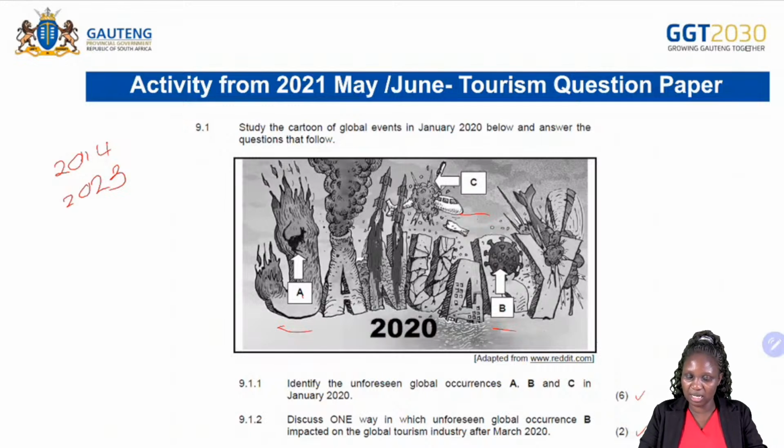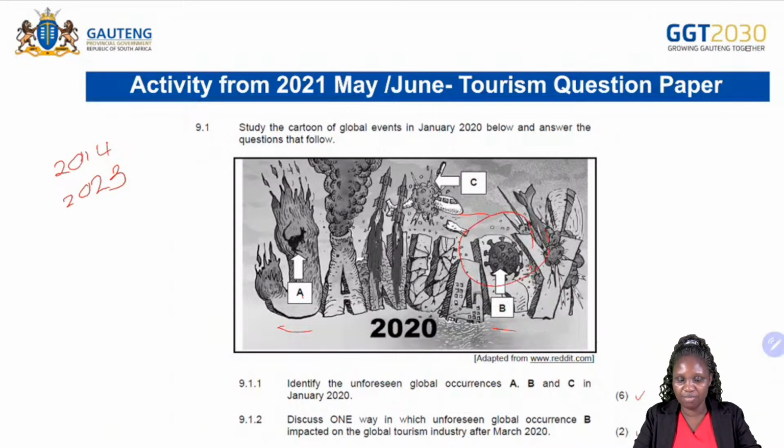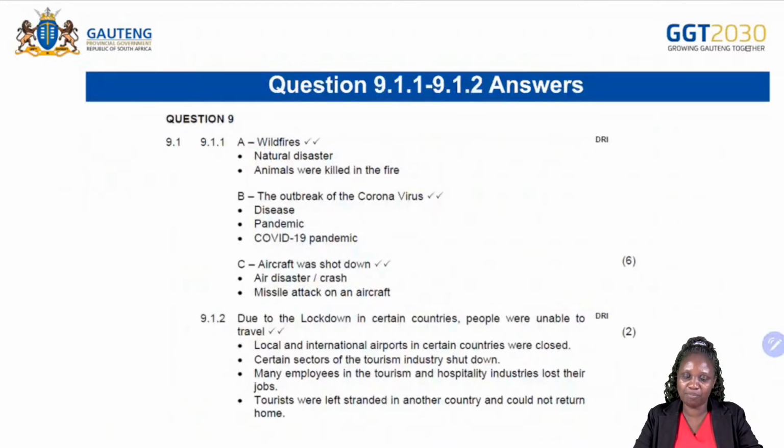B, what are you seeing here? On B, this is COVID-19. All right, and then what about C? This is an aeroplane. It is being attacked. All right. What is it being attacked on?